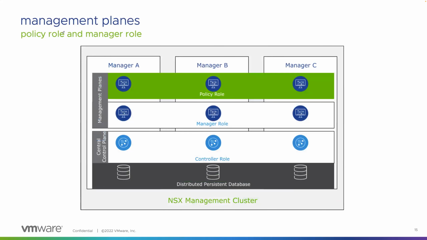Now we take a close look at the management plane. In the management plane, we divide it into two parts. One is a policy role, one is a manager role. Just remember, the policy role is very close to the upper layer API or user interface manipulation.